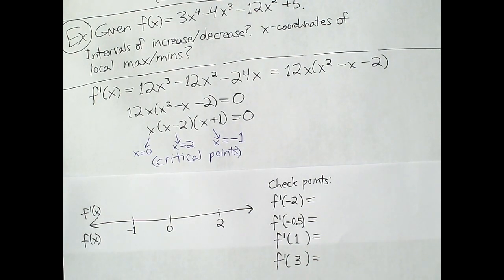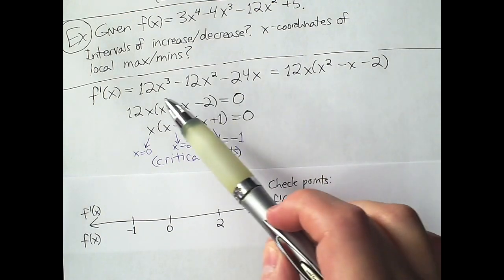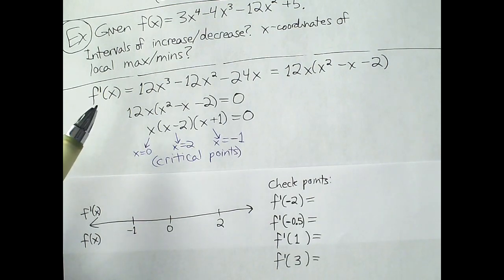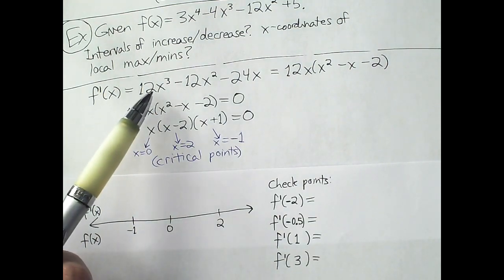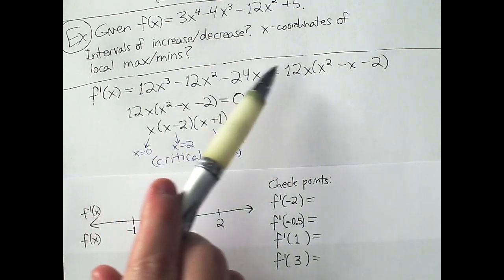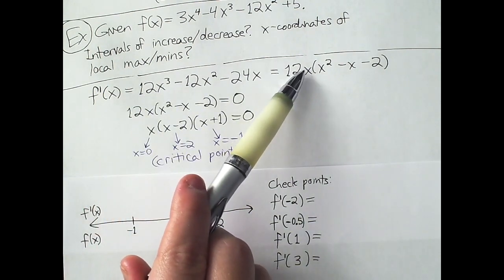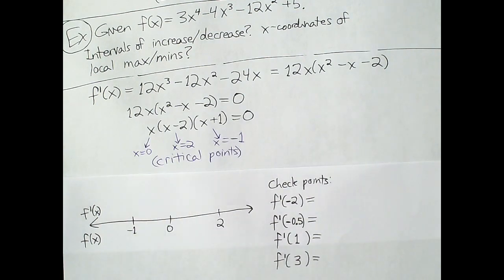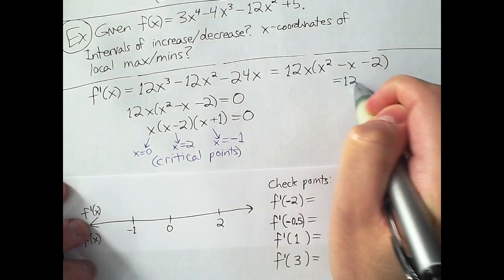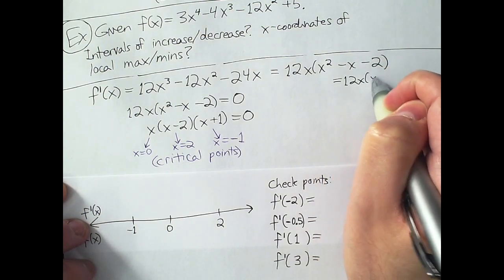Remember, we are putting these into f prime of x, not the original f of x, but the f prime of x. So you could put them into this form, 12x cubed, etc., or you could put them into this form, where we pull 12x out. You could put them into this form if you want.